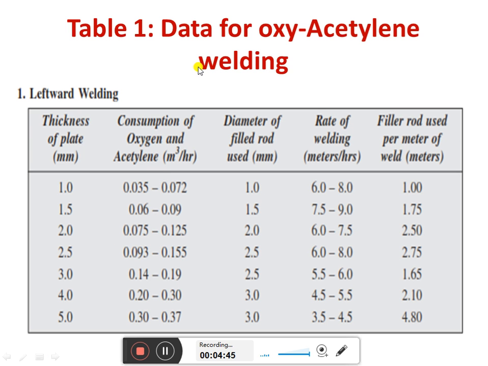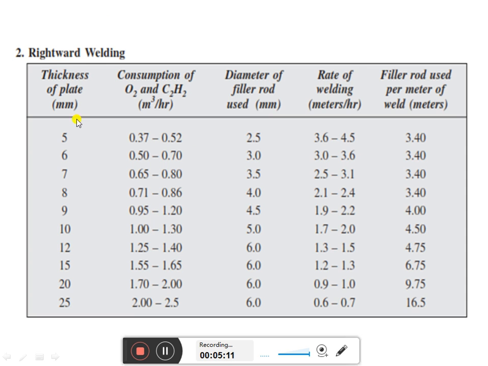Next we are going to see data for oxyacetylene welding. For leftward welding, we have the thickness of the plate, the consumption of oxygen and acetylene, the diameter of the filler rod used, the rate of welding, and the filler rod used per meter of weld. We can take these as standard dimensions for leftward welding, and the same dimensions for rightward welding.